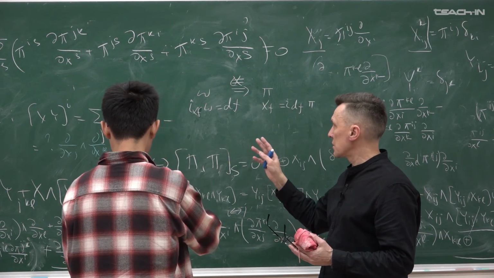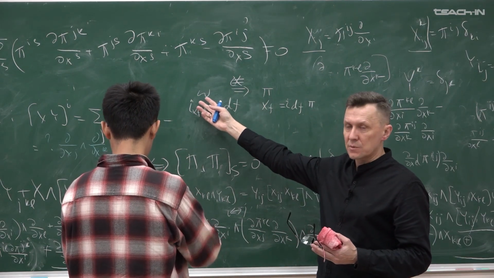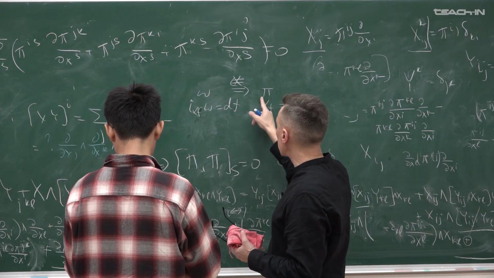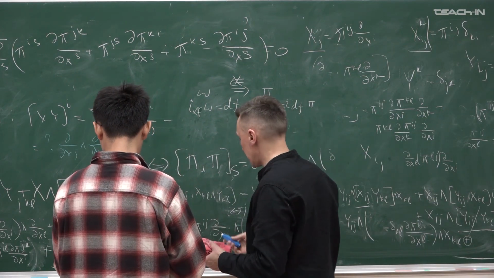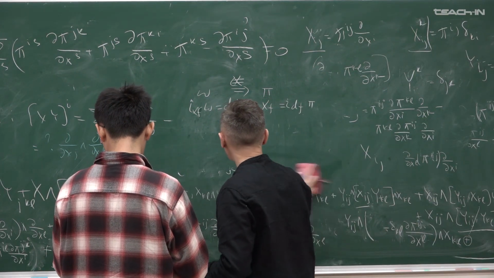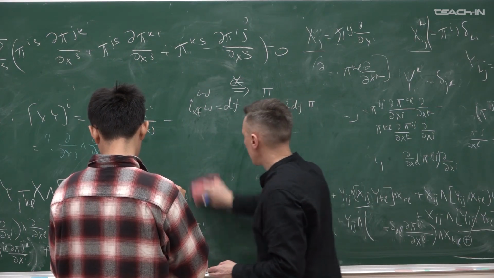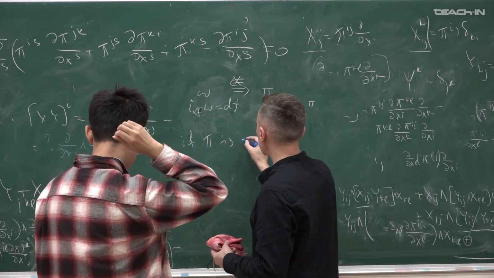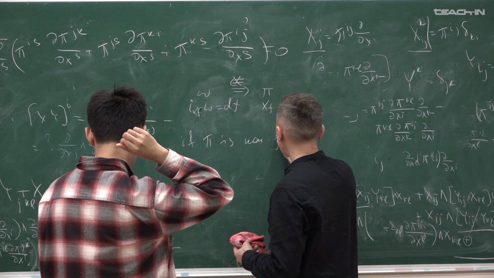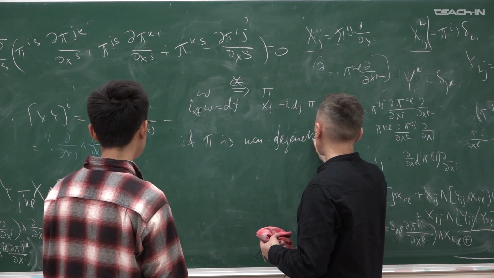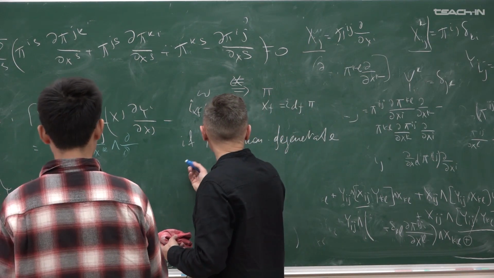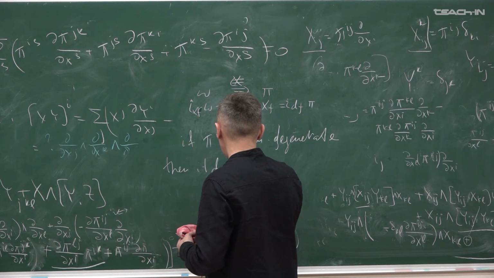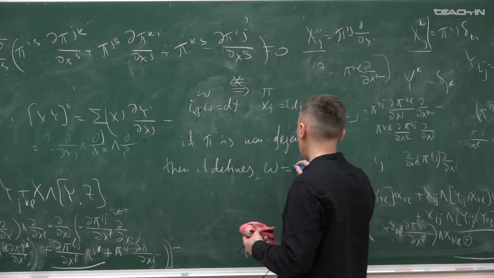In the non-degenerate case, a bivector is the same structure as a symplectic structure. But what is the condition? I will write it. If pi is non-degenerate, then it defines omega, which is pi to the minus 1.